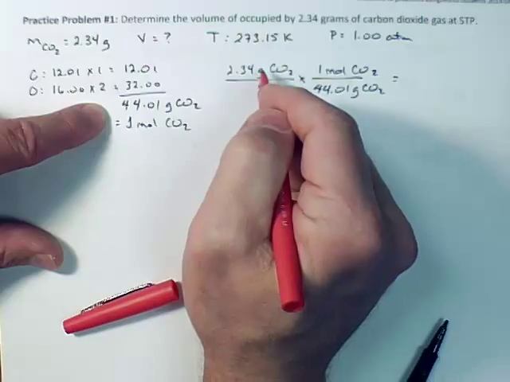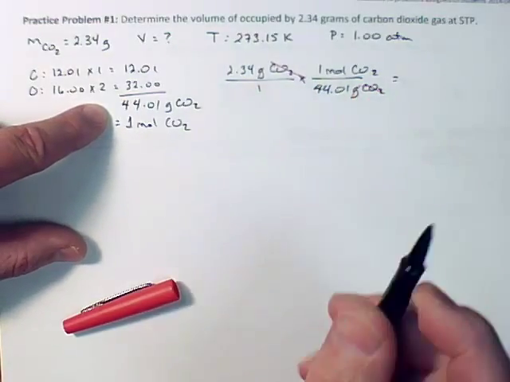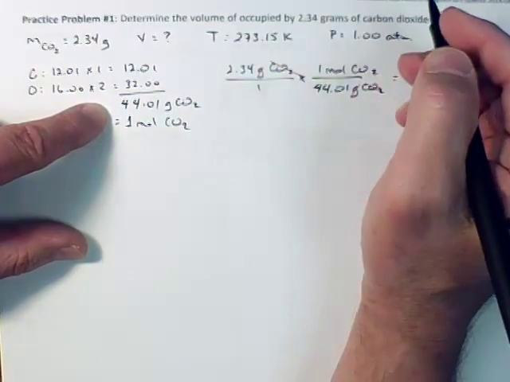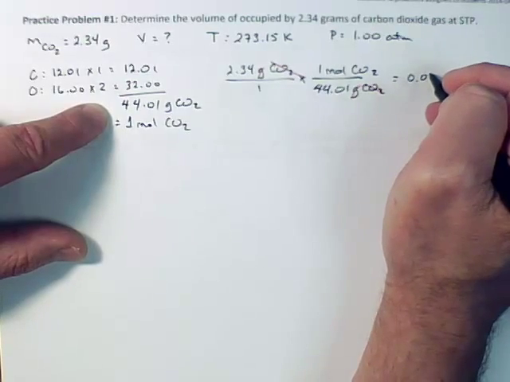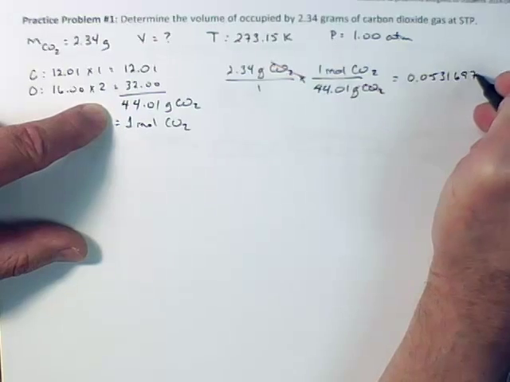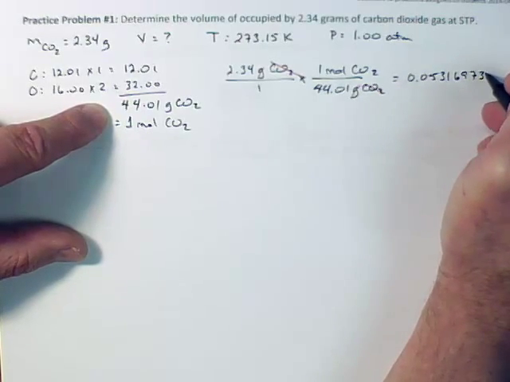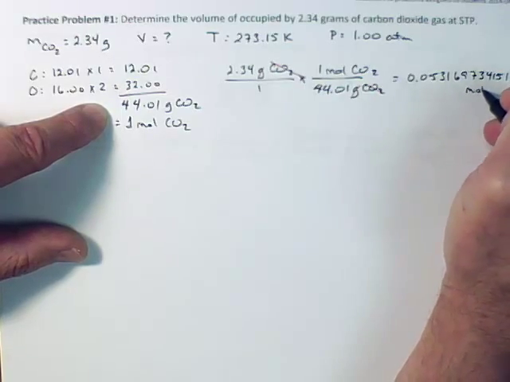Cancel units, cancel species, just like x's and y's in algebra. The math is 0.0531697... moles of CO2.